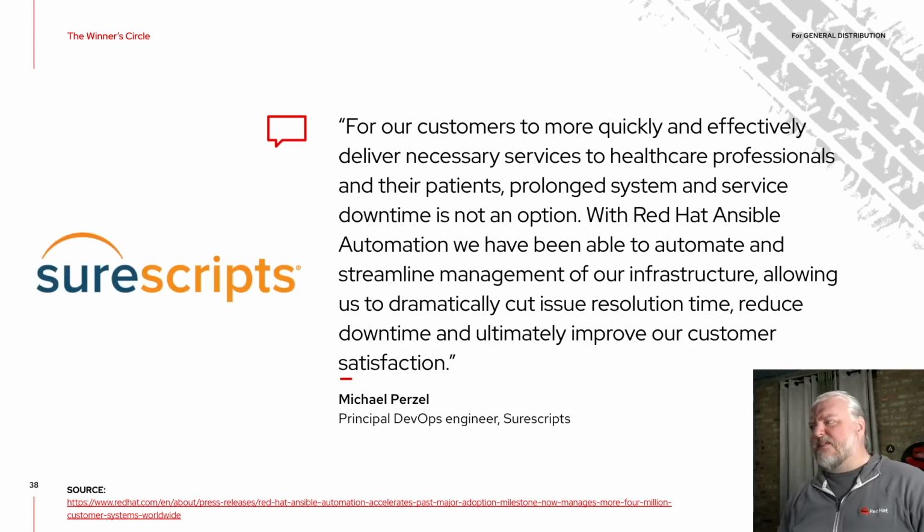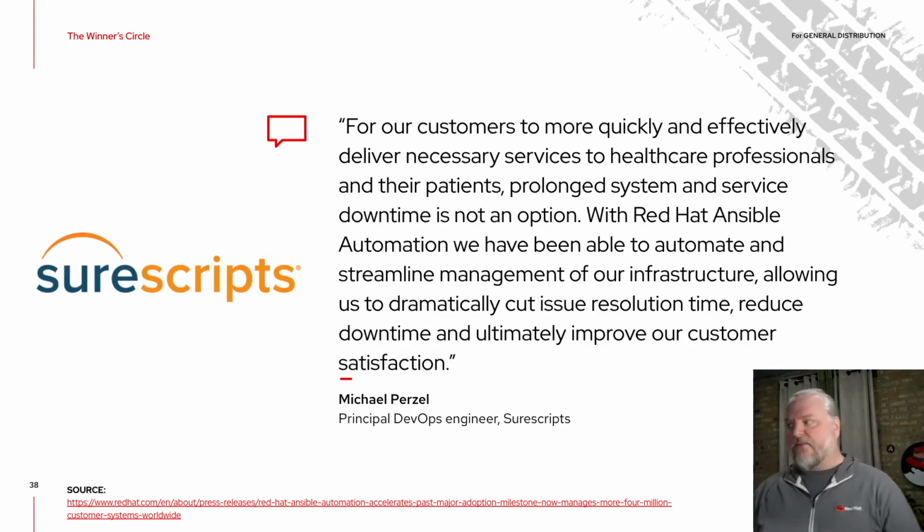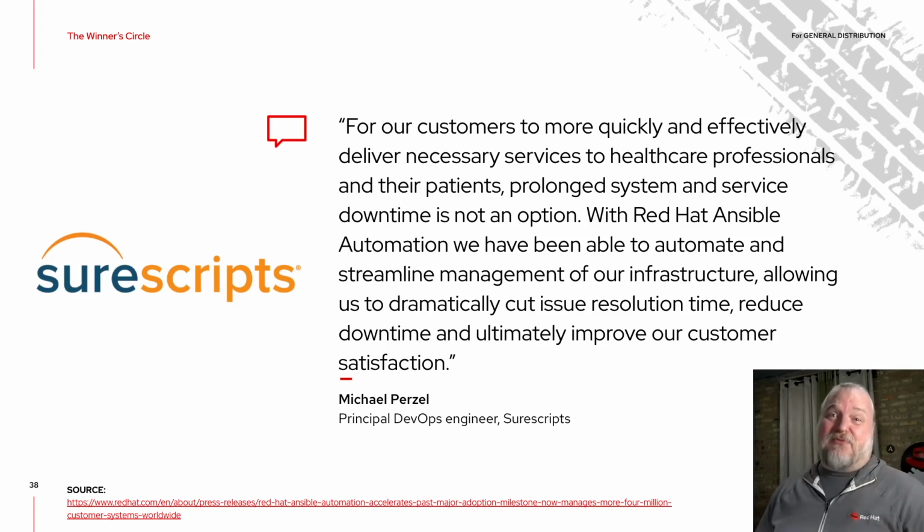SureScripts. SureScripts is a leading health information network in the United States. It transmits about 17 billion secure health data transactions a year. 5 million of those are prescriptions. Maybe your prescription's one of them. They were really developing huge code bases that were getting hard to manage.